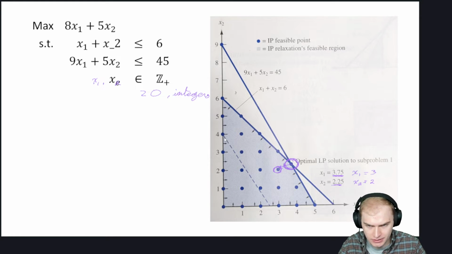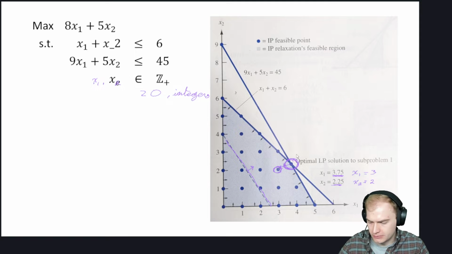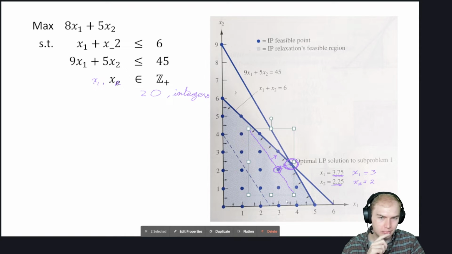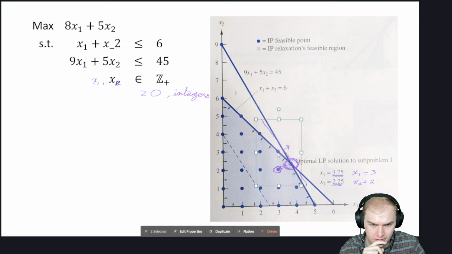We can sort of see that this is the level set, and its gradient. We can see that there's still some improvement to be made on that point. Notice this point is better.